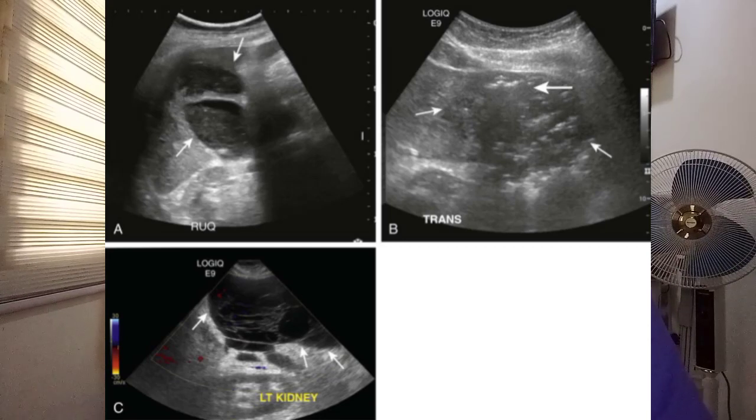Then you can see still in the right upper quadrant, just around the left lobe, the appearance of abscess with gas formations already appearing. Then you can see abscess around the left kidney.